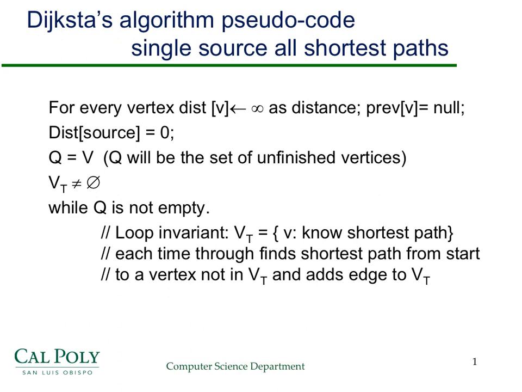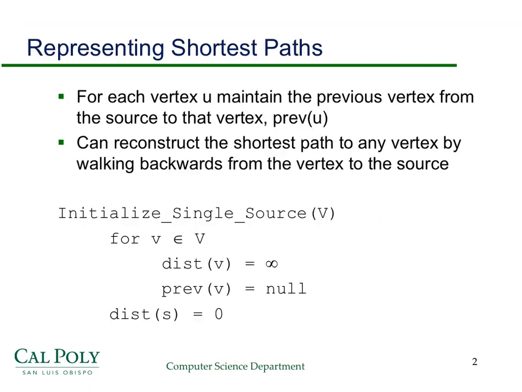I'll go into more detail on another slide, but basically you just have a loop in which you have a known shortest path tree, a set of vertices that you know the shortest path to, and then each time you find the shortest path from the start to a vertex that's not in VT and you add that edge to VT.